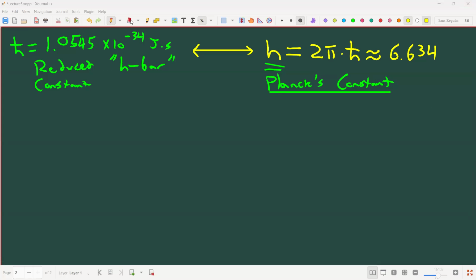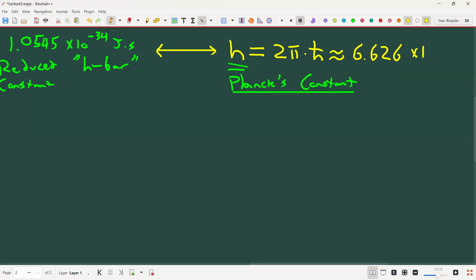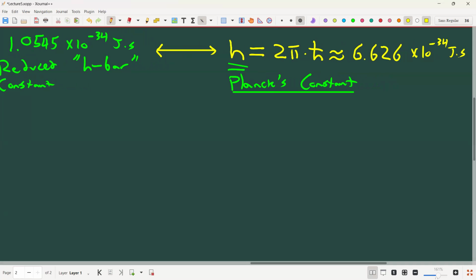Oh, I'm sorry. I think I'm confusing it with the mantissa of Avogadro's number. 6.626 times 10 to the minus 34. Okay, so there are 2 different forms of this constant that differ by 2 pi.